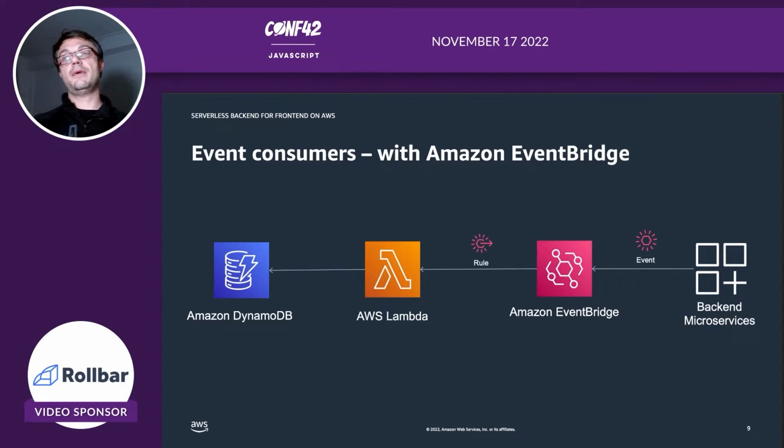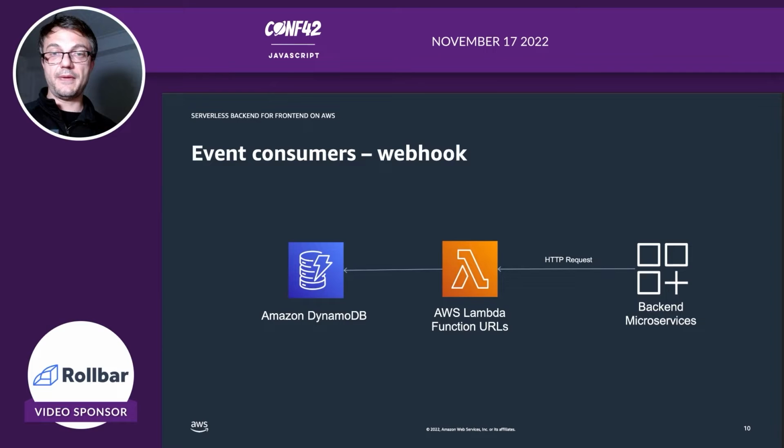Then if those events match those rules, they will be, for example, directed to a Lambda function, or again, we have different destinations. And for those destinations, you can store those events, process them, change them, and in the end, again, store in a DynamoDB table.